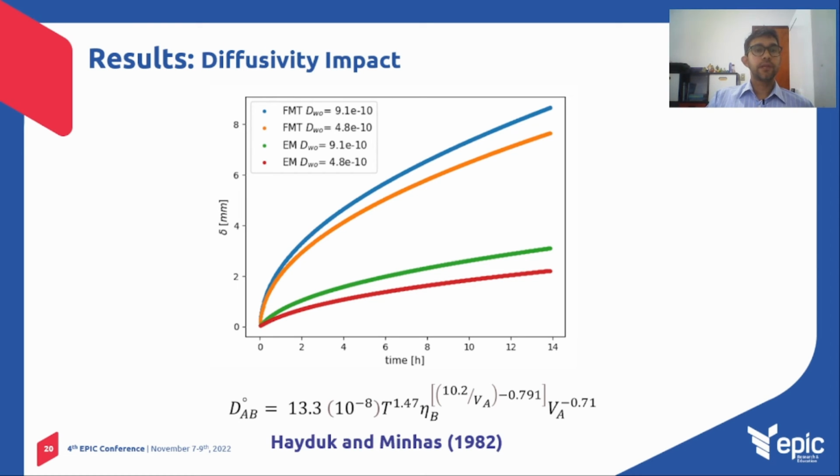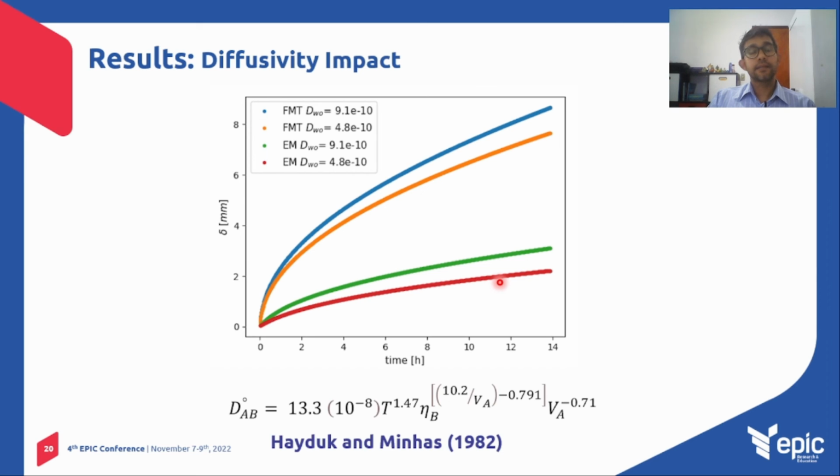So here we compare how the experimental diffusivity and the diffusivity obtained by Hydrochemia's will impact the thickness of the deposit, for example. And we did it in two ways: the equilibrium model and the film mass transfer model also. So here we have an equilibrium model.